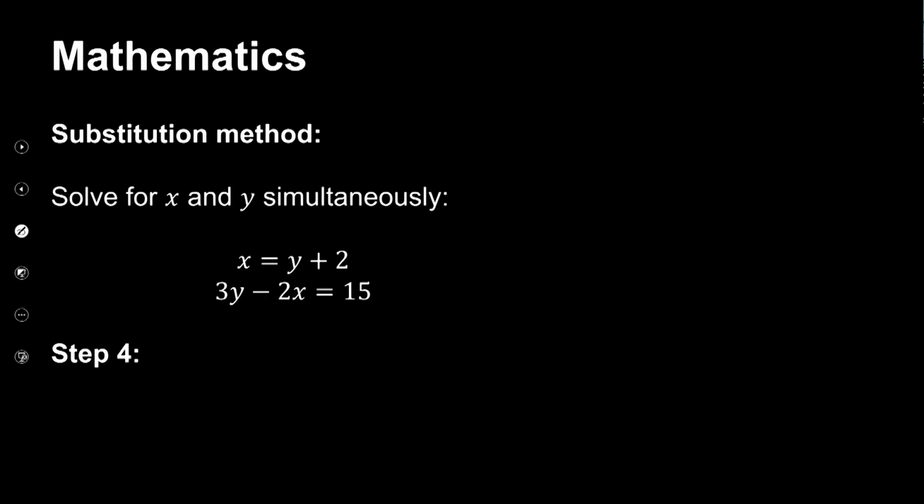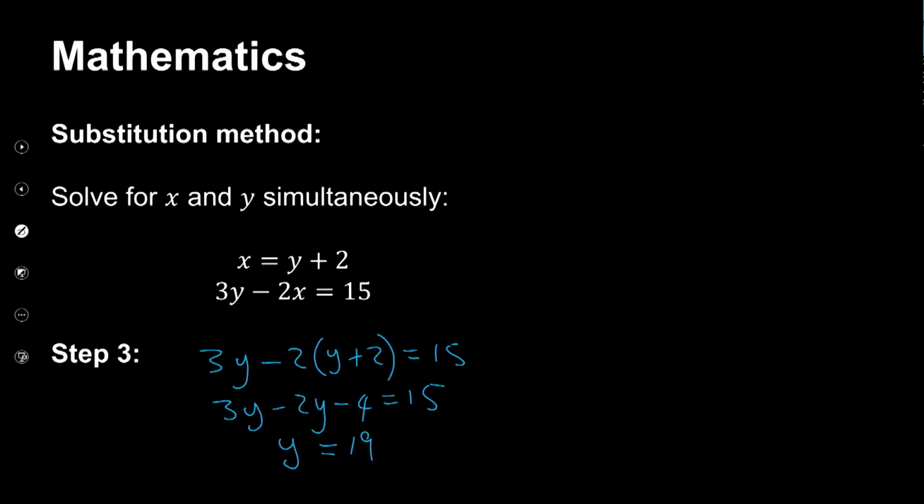Then the last step, I got y equals 19. I must substitute it into this equation, so that will be x equals 19 plus 2, and then my x will be equal to 21.